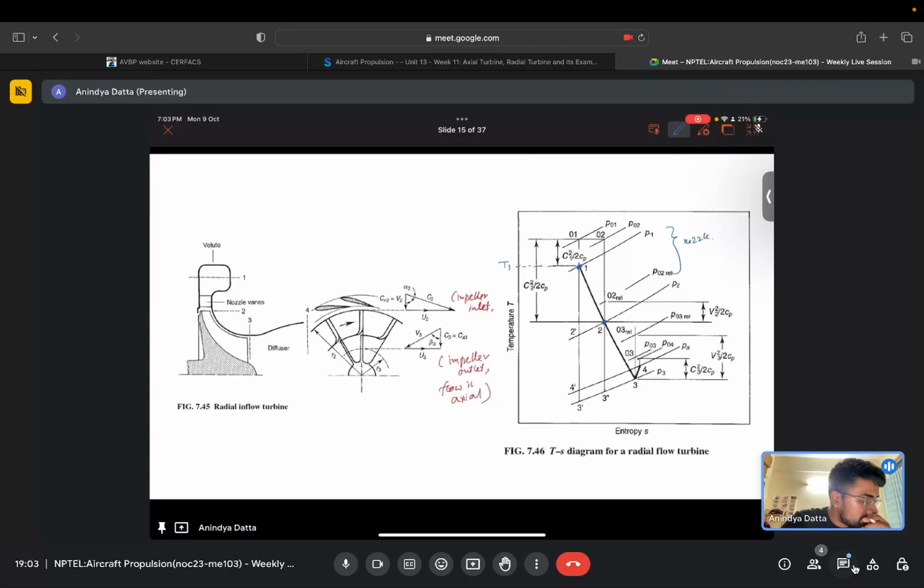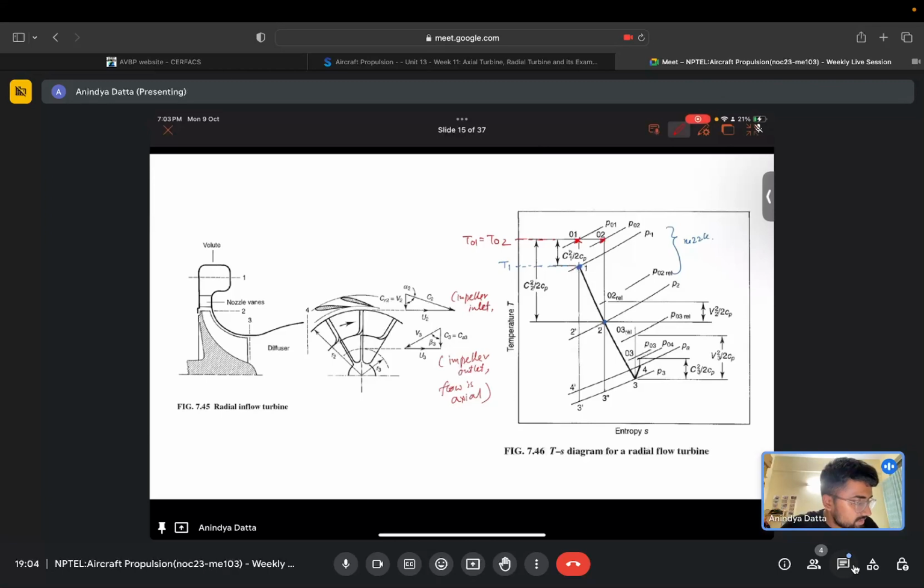Now if we plot the equivalent stagnation conditions, this red is our 01 and this is our 02. If we project this on the T axis, T01 is equal to T02, because 1 to 2 is our nozzle where the stagnation temperature stays constant.